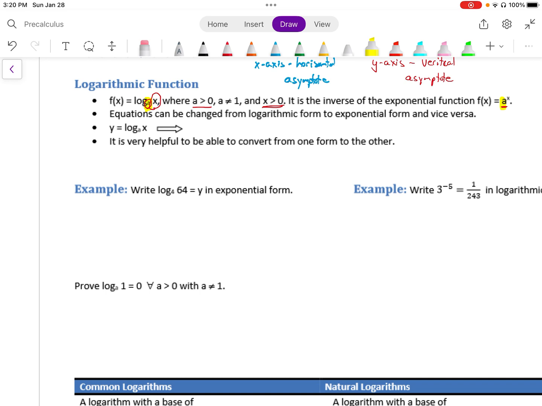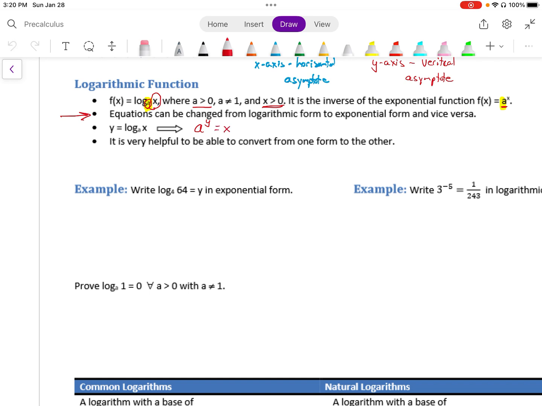This next part is really important. Equations can be changed from logarithmic form to exponential form and vice versa. And here's what we remember. If we have y equals log base a of x, that's the same concept as a to the y equals x.